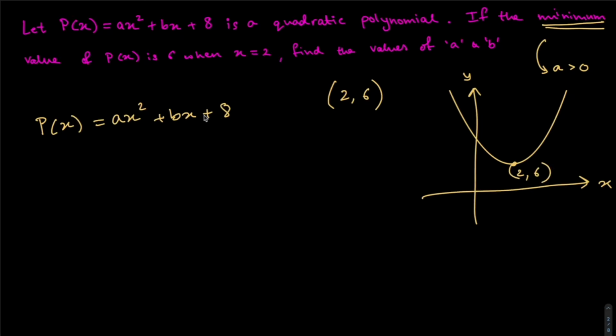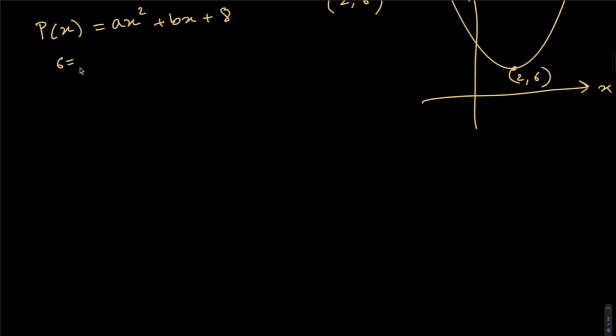Now I can find a relation of this polynomial in terms of a and b. I'm going to plug in 2 and 6, so x is 2 and p of x is 6. What I get is 6 is equal to a times 2 squared plus b times 2 plus 8.